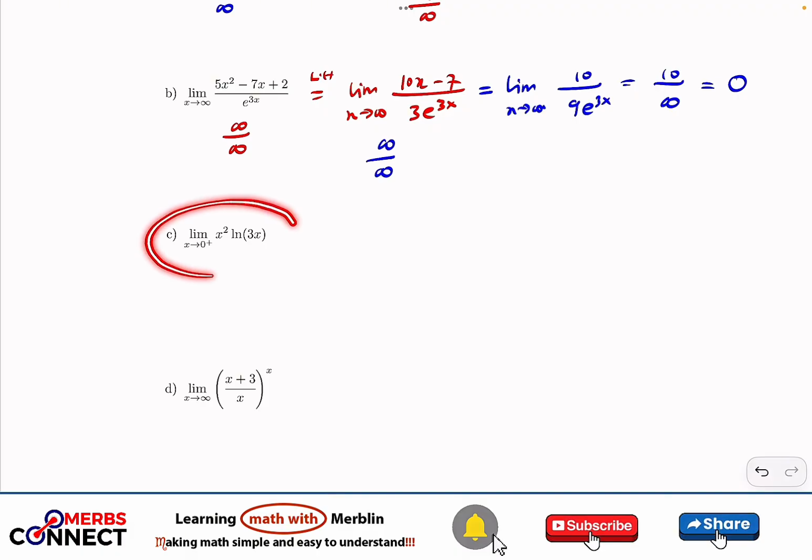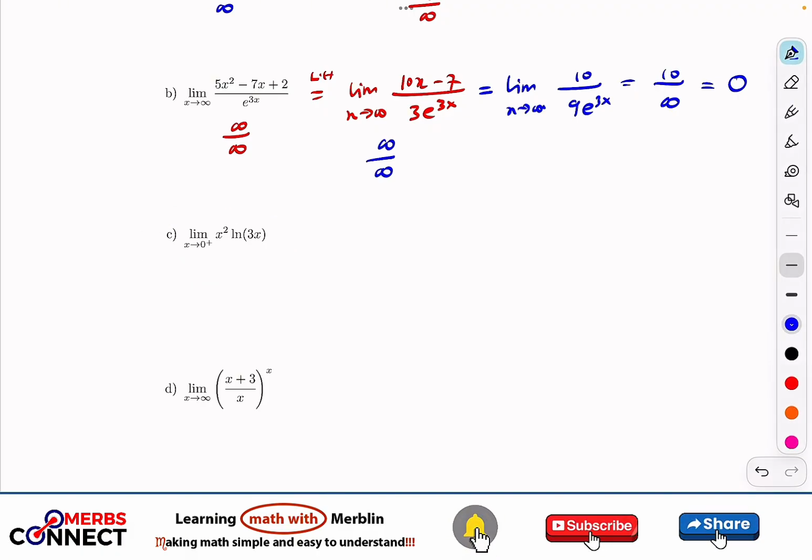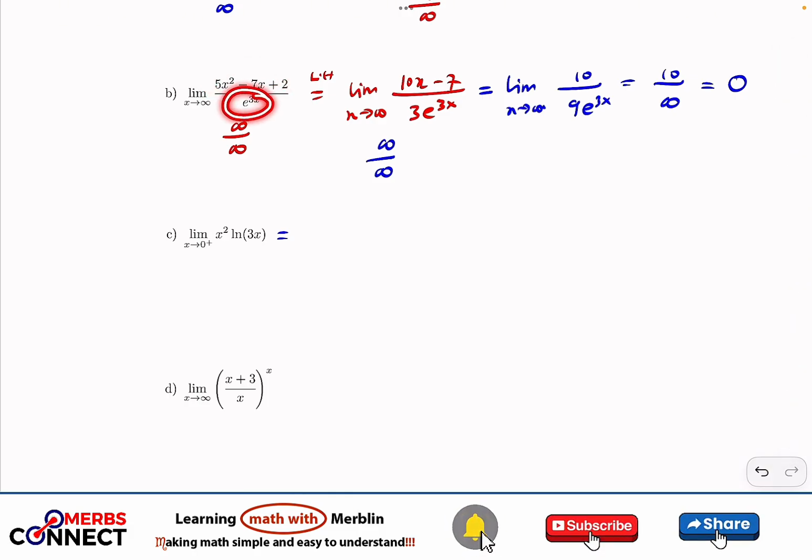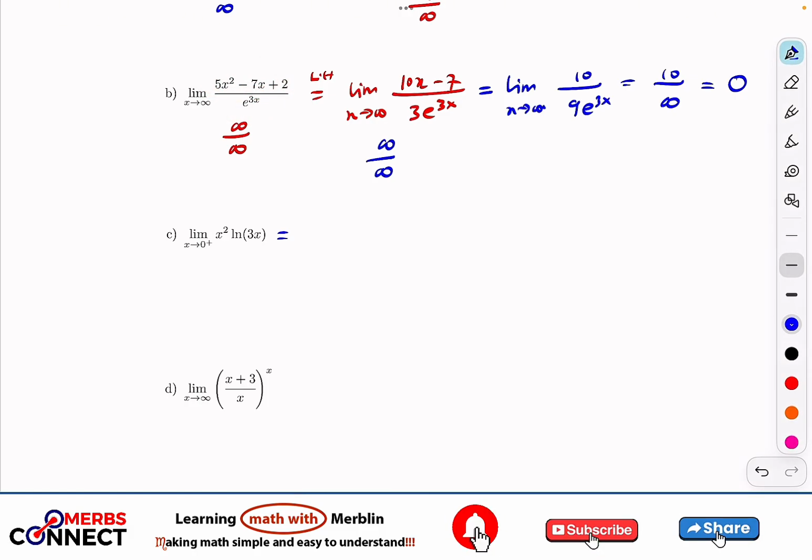Now this one, we need to use L'Hopital's rule, but we need to modify this function, because for L'Hopital's rule we need a numerator and a denominator. So we can write this as the limit as x approaches 0 from the positive of the natural log of 3x divided by, then I write x squared as 1 divided by x squared.